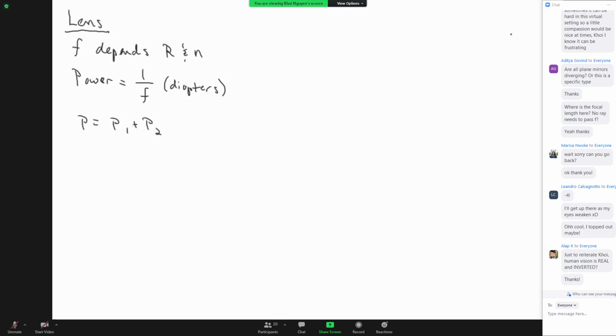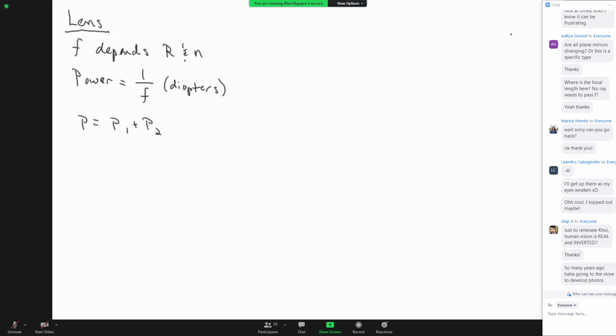Yes, you have a cornea and a lens. Those are the two lens system that you have in your eyeball. The cornea and the lens are both convex lenses, okay? So let's just deal with the convex lens first.